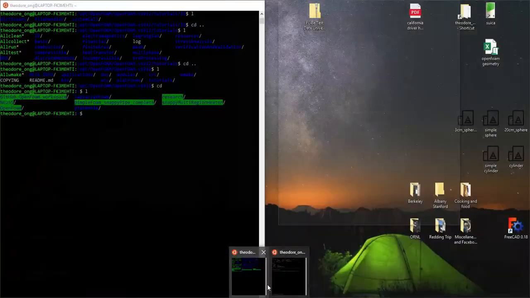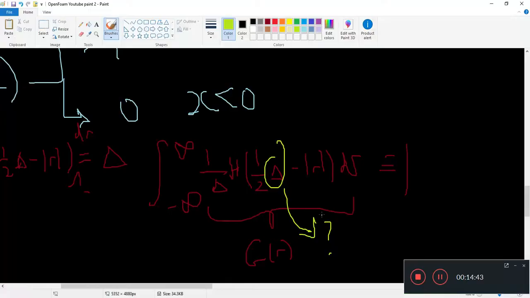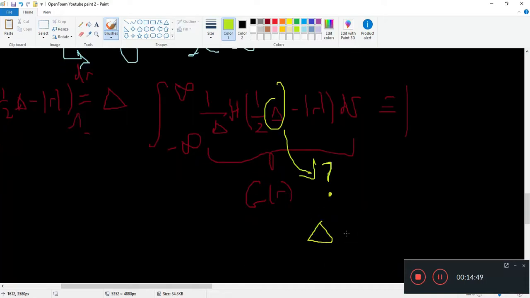So the question becomes, how do we determine this delta, this characteristic length? So delta is some characteristic length. How do we actually deal with this characteristic length?